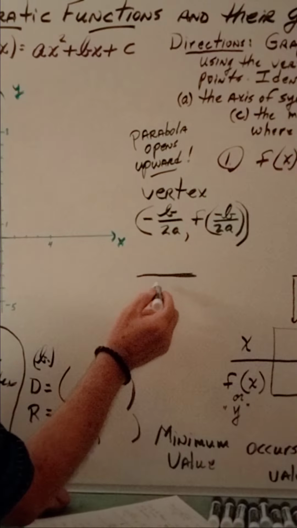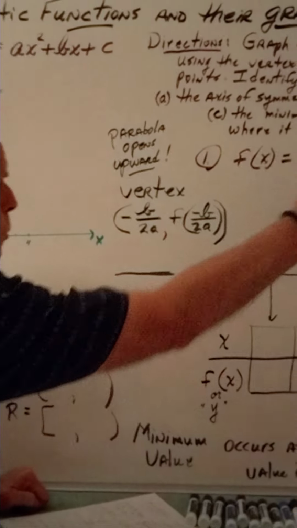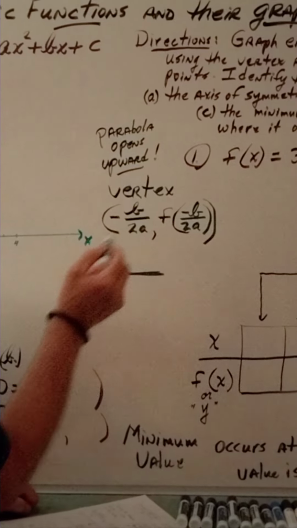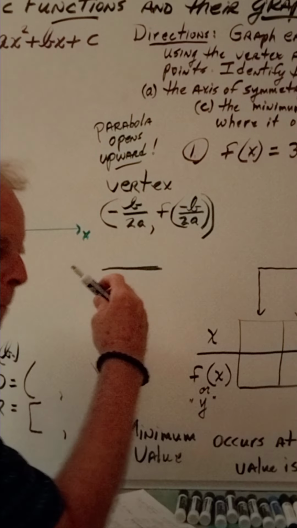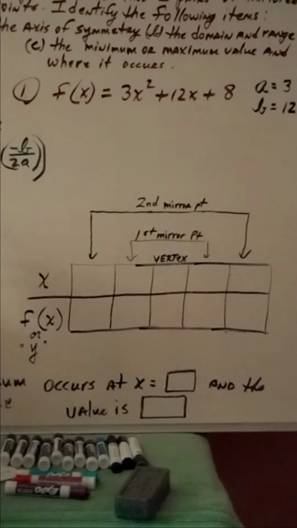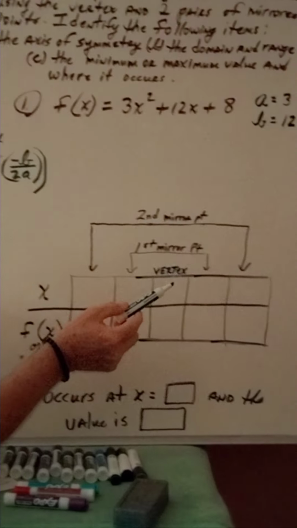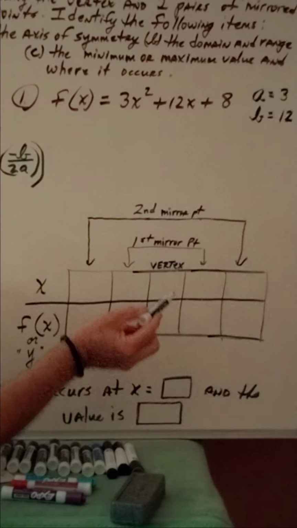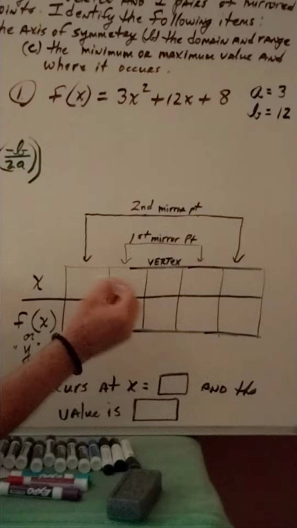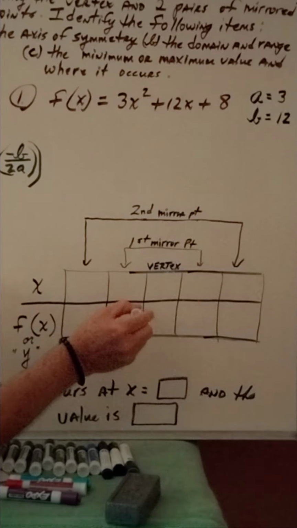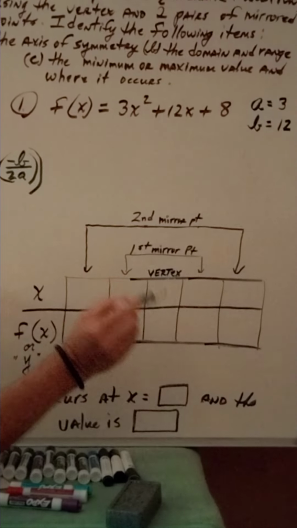So I'm going to substitute those numbers into this formula, and we're going to get the x value of the vertex. And just so that you know what I'm going to do, when we get that x value of the vertex, I'm going to put it as the x value of the middle point that we're going to come up with.